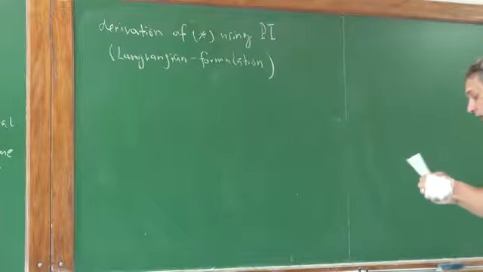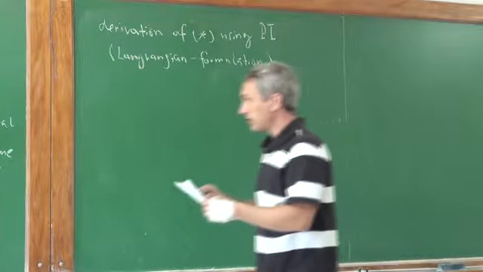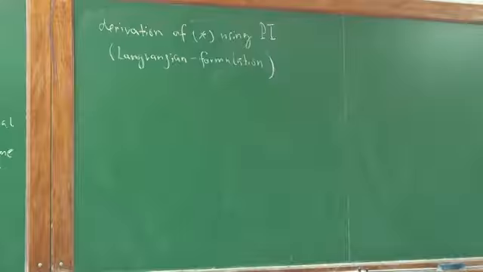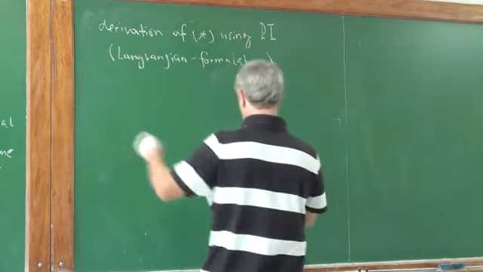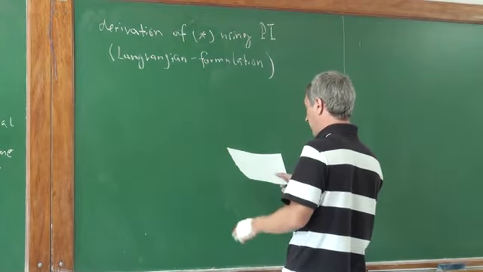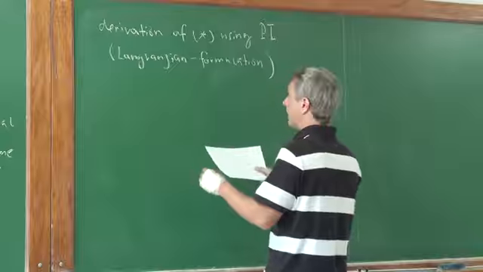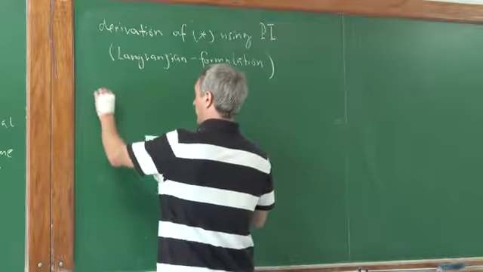So what I write down now is the transition amplitude for this object using the discretized version of the Lagrangian path integral, which I have written down in general form at the beginning of the lecture.